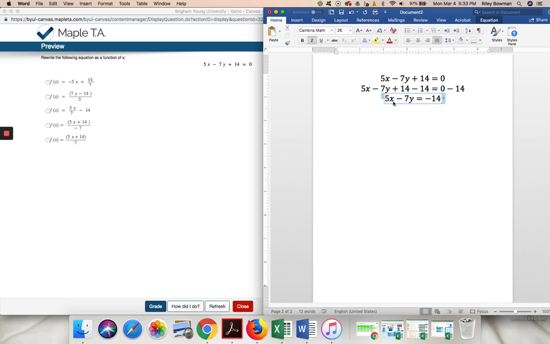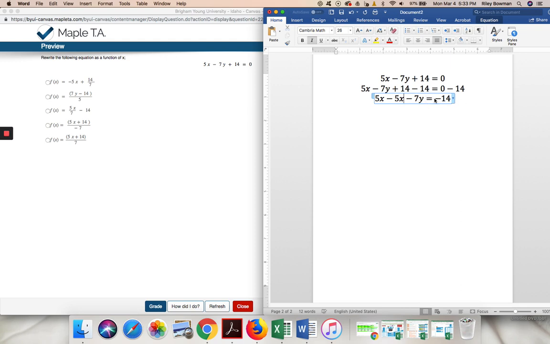Now the next thing is this 5x needs to move over as well. In front of the 5x on the left hand side, you'll see it's positive 5. So to get rid of this 5x, I need to subtract 5x from both sides. I can't just subtract it from one side. This has to stay balanced. This equal sign has to be true.